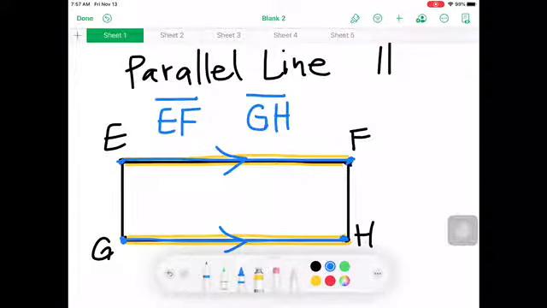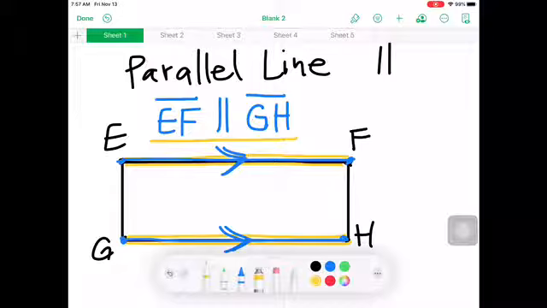The last bit to show that these are parallel, which we know from the arrows that we drew earlier, is our symbol in between. Now, as we read this, which I'm going to change color back to yellow, we have line segment EF is parallel to line segment GH.